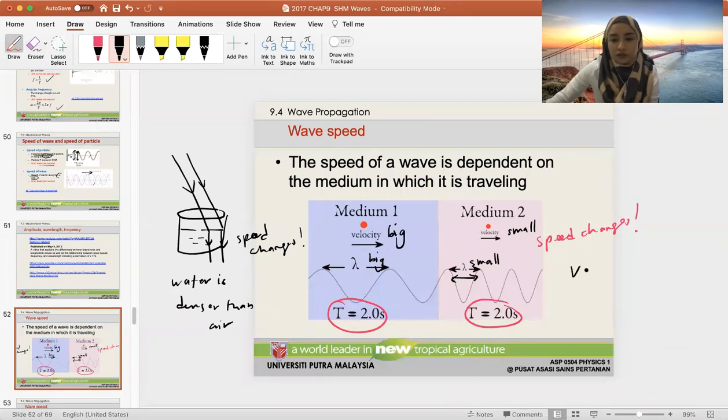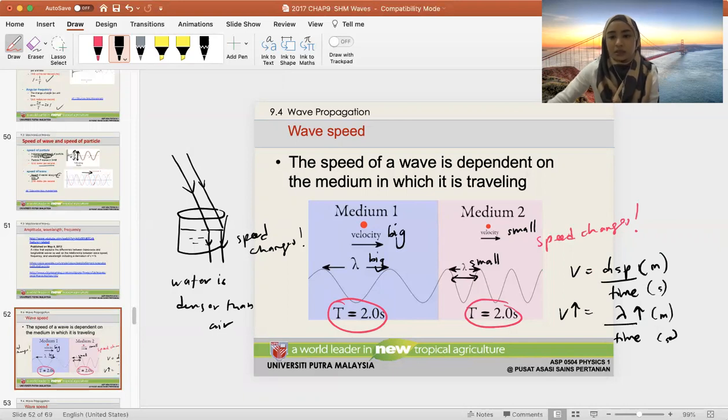Why? Because velocity is related to displacement over time. When your time is constant but your displacement is changing, your displacement is in meters, right? So if your lambda is big, which means that your v is also big. This is in meters, this is in seconds.